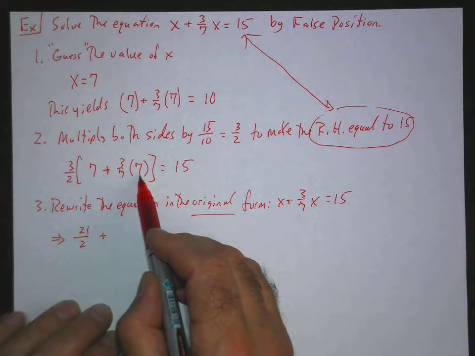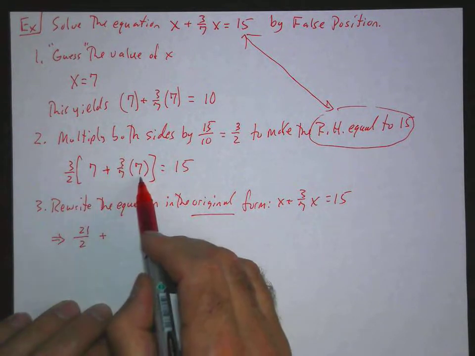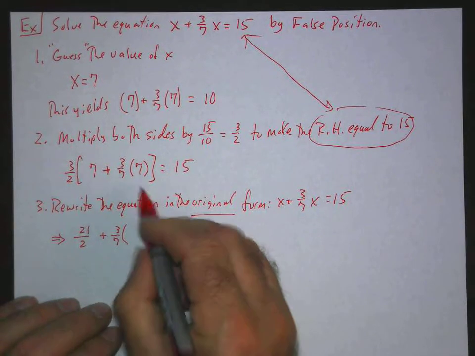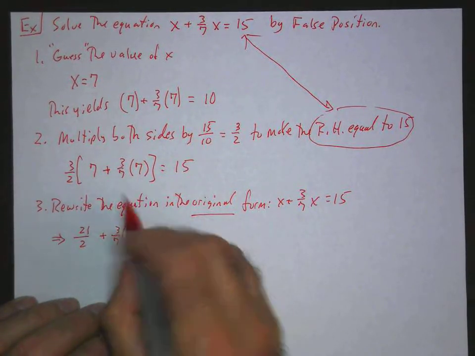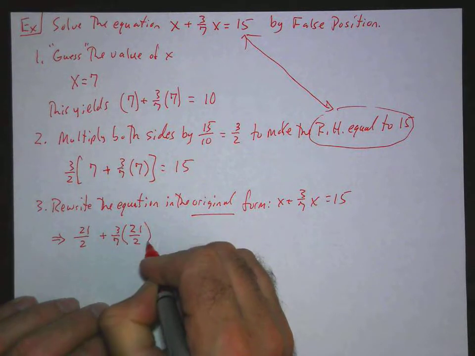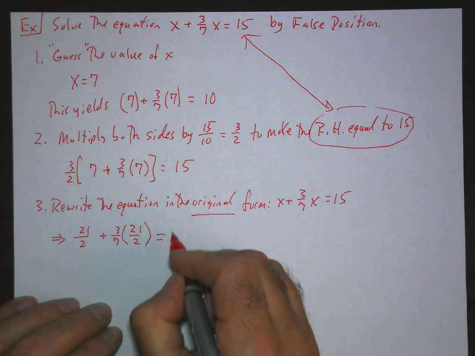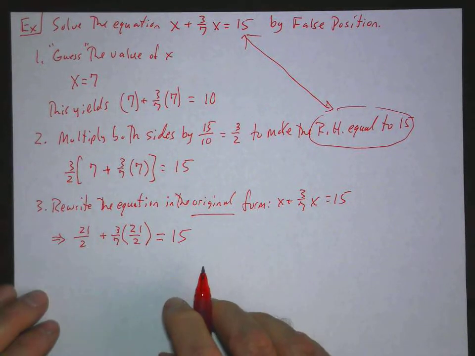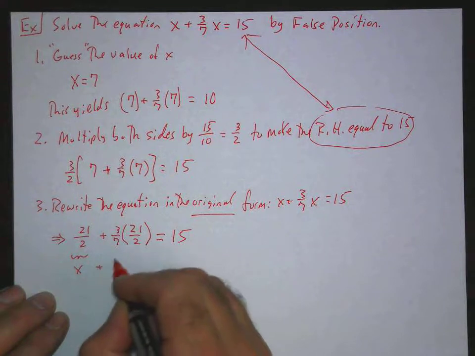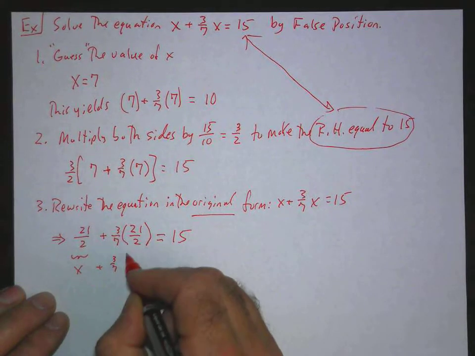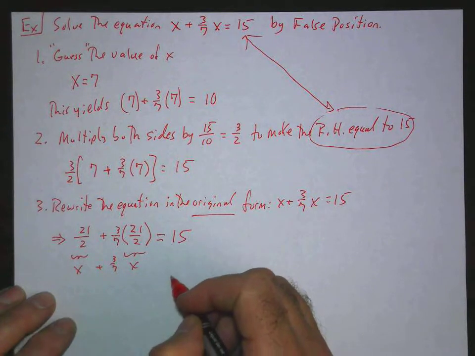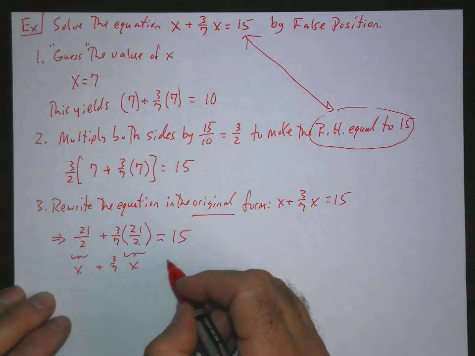I'll multiply it by 7. 3/2 times 7 is 21/2. And that equals 15. And it fits the original form, x plus 3/7 x equals 15.